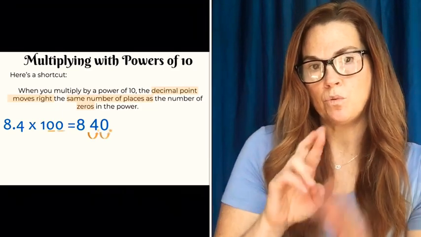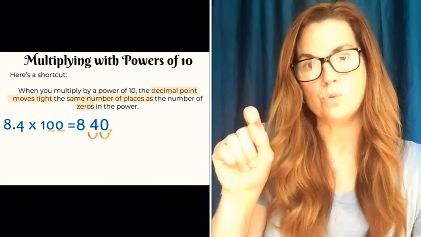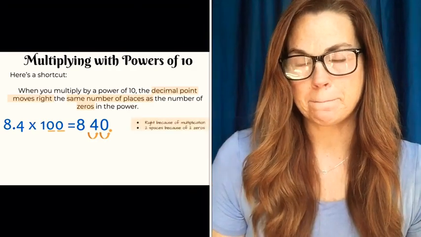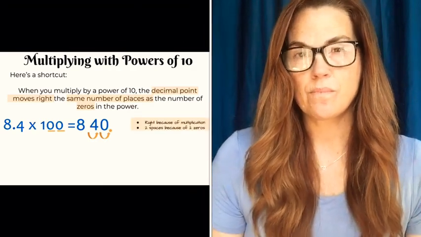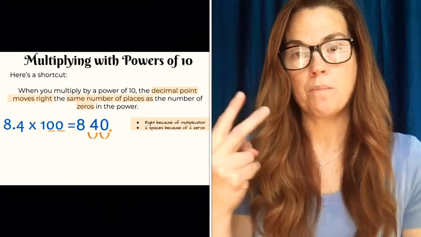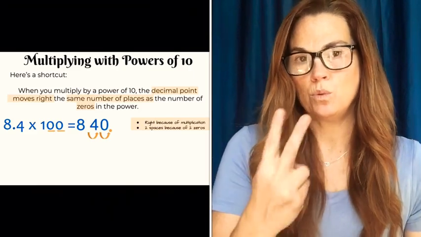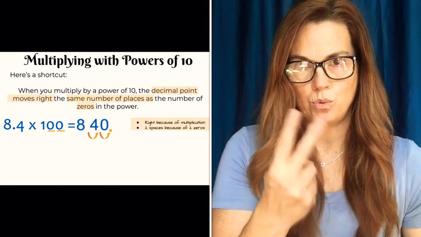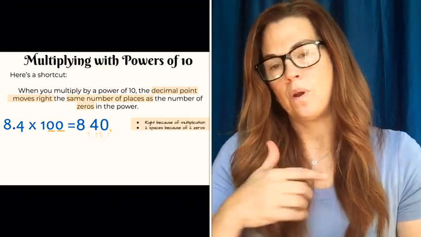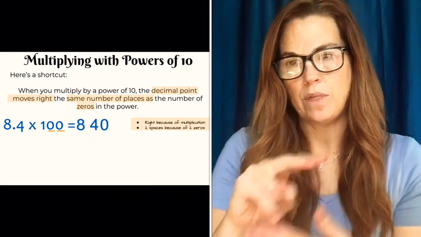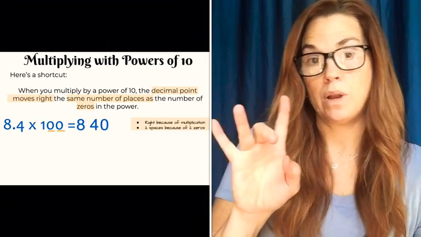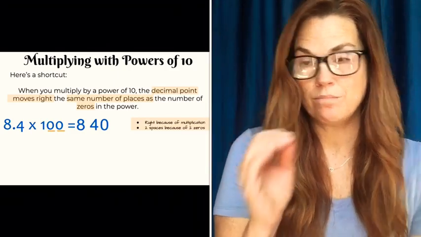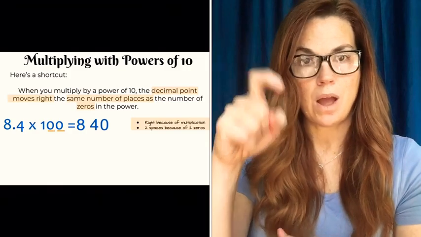The second zero, move the decimal to the right another spot. I was moving right because of multiplication, and I moved 2 spaces because of the 2 zeros in 100. And I had to add a 0 as a filler for that second place. This gave me a product of 840.